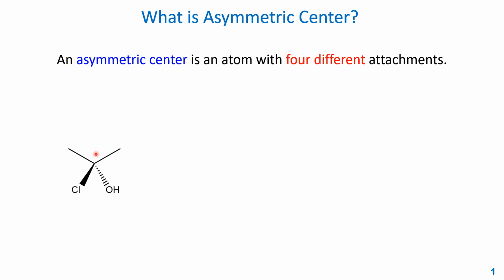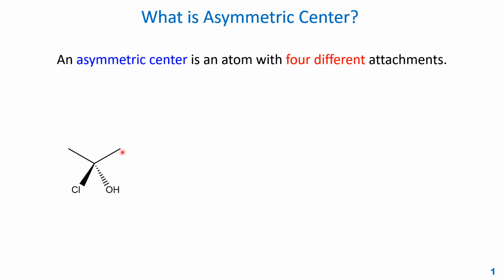For example, if you look at this compound, this is the chloroalcohol, and the methyl group here, the carbon cannot be an asymmetric center because this methyl group's carbon has 3 hydrogens. That's the same, and they only have 2 different types of attachment, so hydrogen and the other carbon.